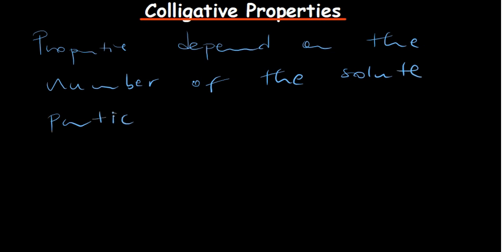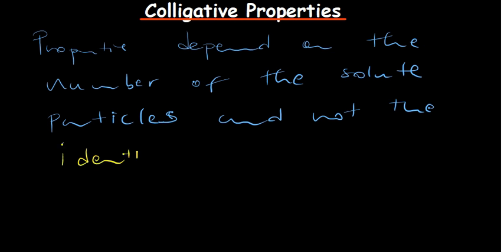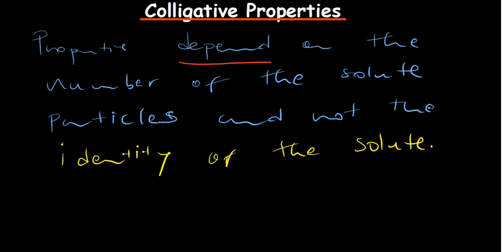and not the identity of the solute particles. So the key term here is the properties that depend on the number of the solute particles and not the identity.